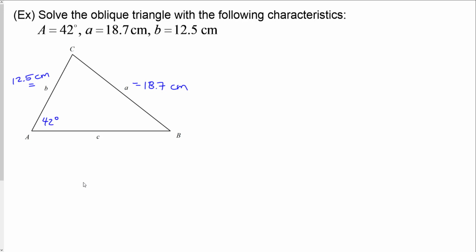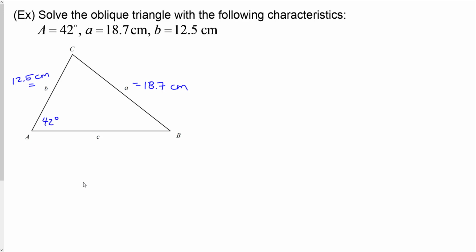So I have an angle and the two sides that are adjacent and opposite to them. So the case that you'd like to be in is two sides and the angle in between. But it's two sides and another angle. This is the ambiguous case. Let's just try and solve.